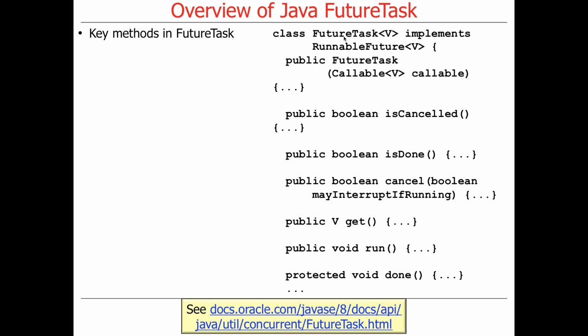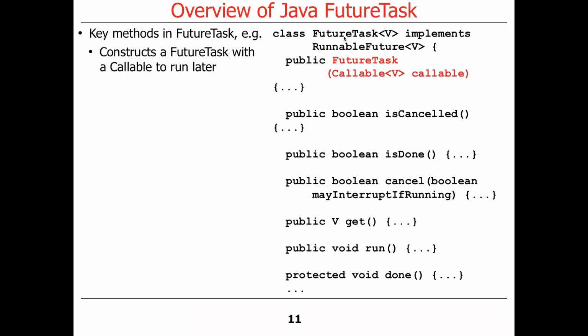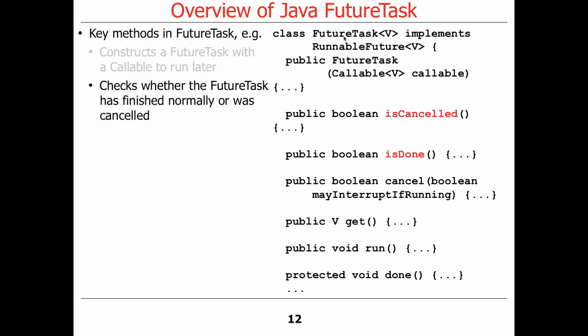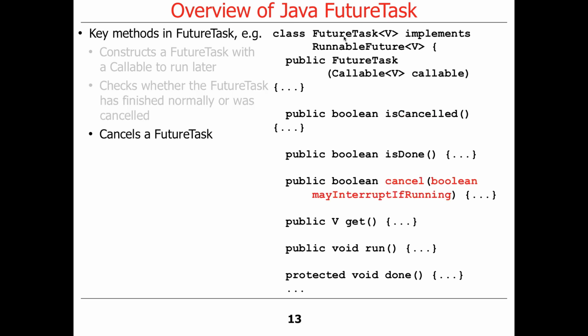So here are the key methods in FutureTask. The constructor of FutureTask is given a Callable, and that Callable is what's going to be called when the FutureTask runs. So when the FutureTask is run, the Callable is going to be invoked to do its thing. So remember, a Callable is a two-way operation. You can check to see whether the FutureTask finished normally by checking if it's done or whether it's been canceled.